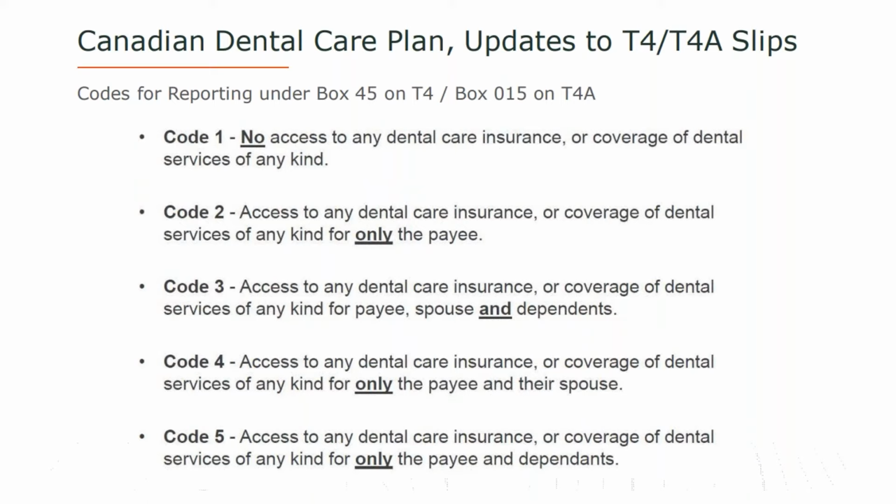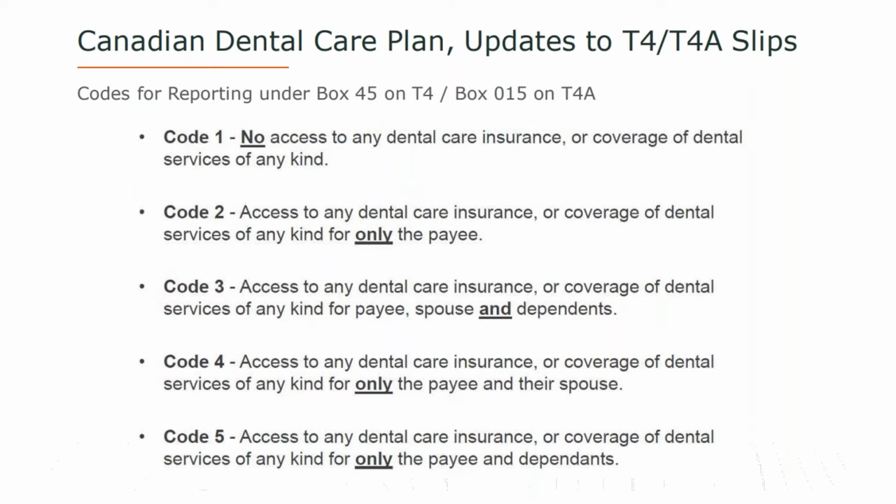And then code number 4 is access to dental care insurance or coverage for just the payee and their spouse. So we are seeing some more plans coming out where it's not all encompassing family. It's either employee and spouse or employee and dependents. So that's what code 4 and 5 are.